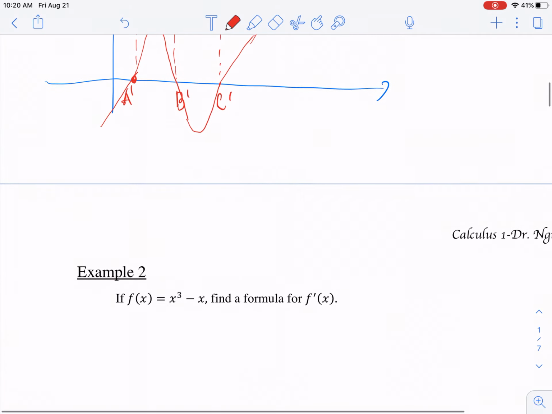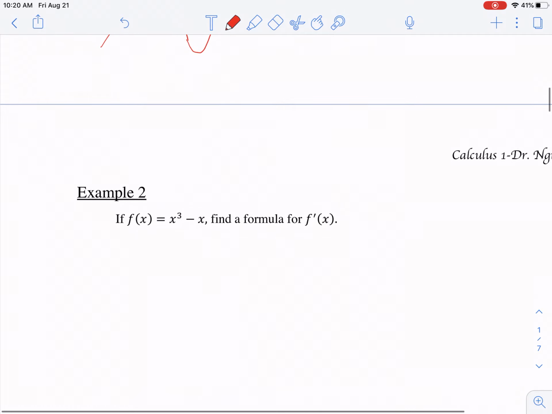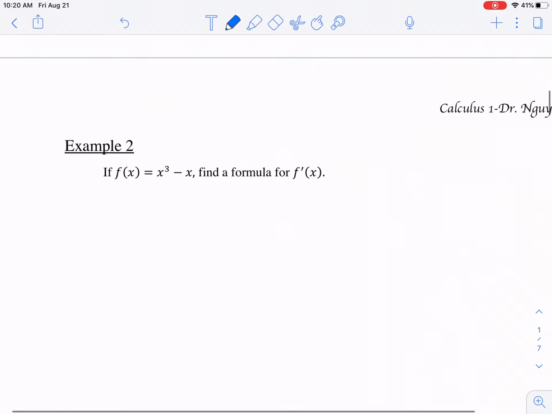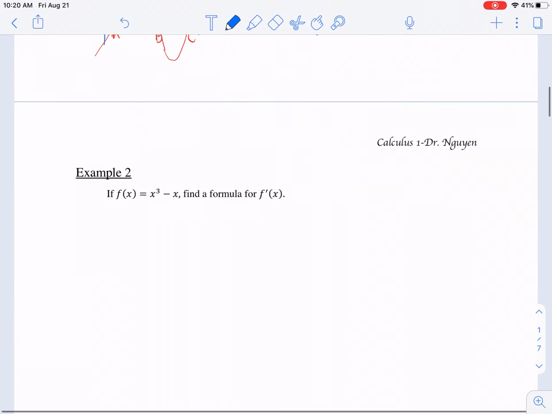Moving on to example 2. You see in example 2, they are looking for the formula for f prime. So we're going to use the limit.